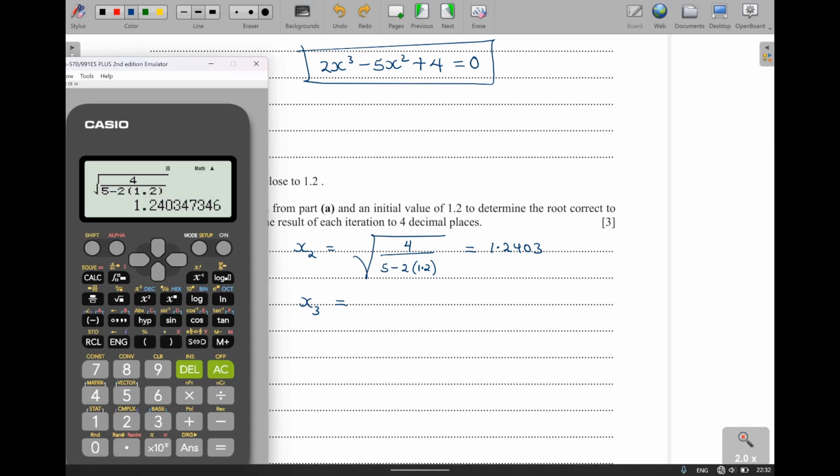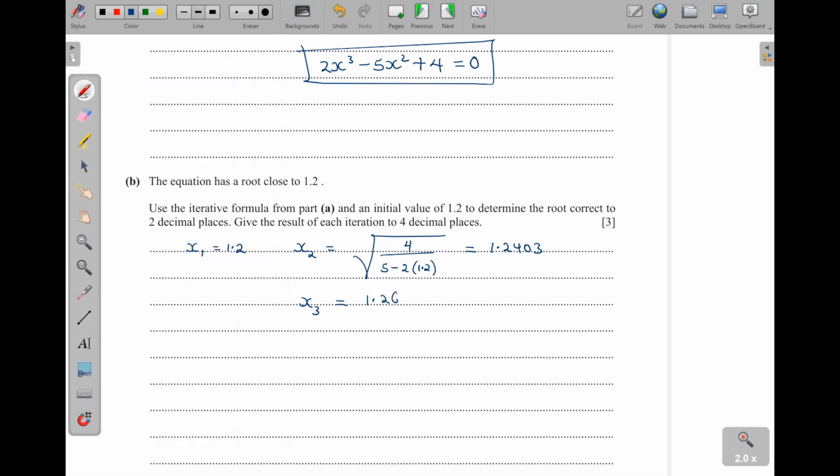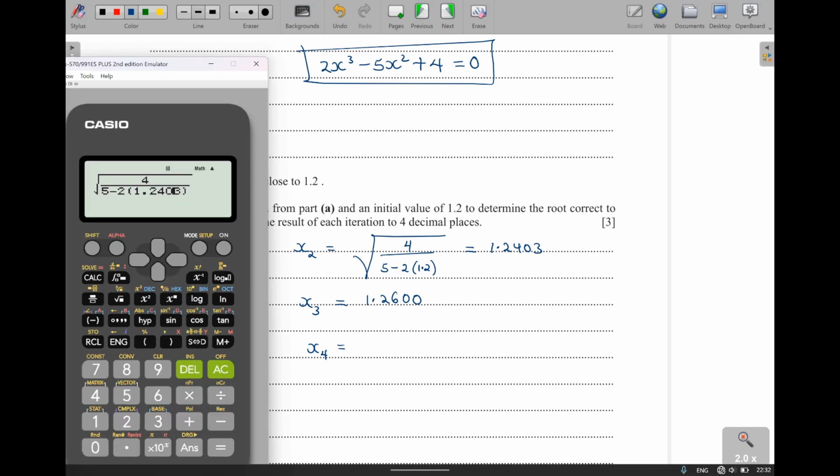So the next one here, we put 1.2403. That gives 1.2600. Then we can continue and put in this 1.2600. Now we get 1.2700.